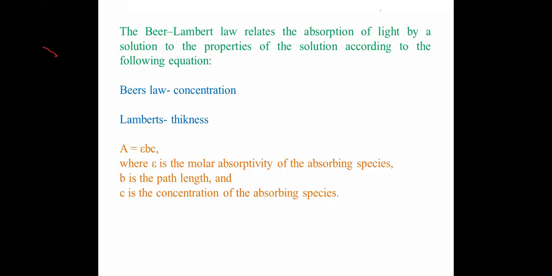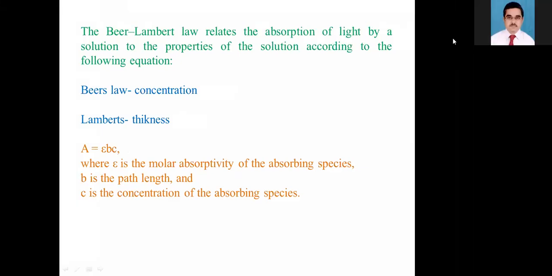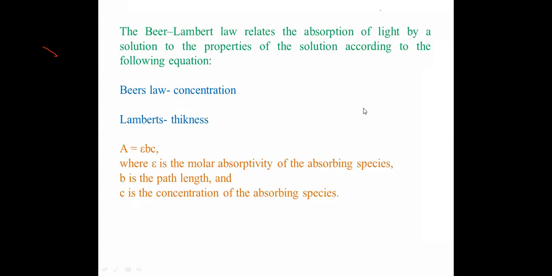Lambert's and Beer's law is very important to express the relationship between the electromagnetic radiations and the absorption phenomena. So first, Lambert's and Beer's law relates the absorption of light by a solution to the properties of the solution according to the equations.